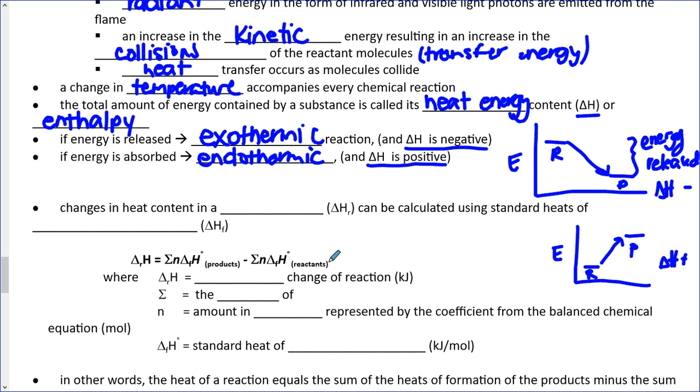So changes in heat content in a reaction. That's delta H with that little R there. So again, heat energy content of a reaction can be calculated using the standard heats of formation.